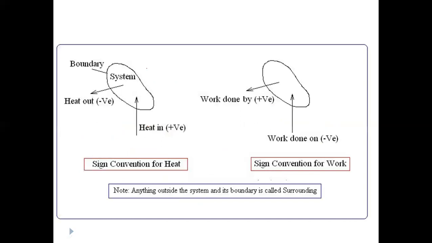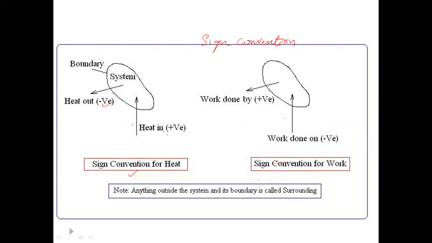So coming to the sign convention here, this is the sign convention. If you take the system and its boundary, heat transfer out of the system is taken as negative and heat transfer into the system is taken as positive. This is the sign convention for heat. The opposite of this is work transfer, as we have already studied.